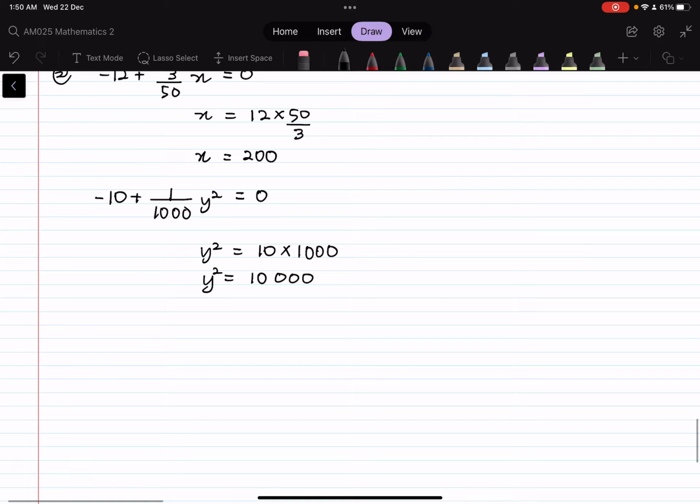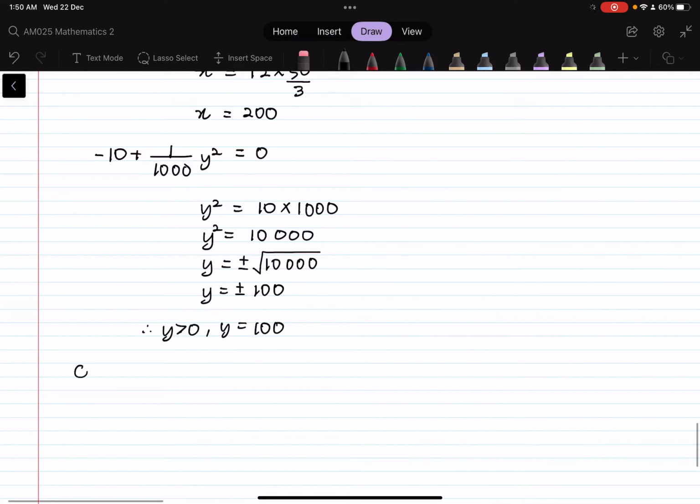If we square root both sides, we get y equals plus or minus 100. But since y is the number of units produced, we only take the positive value. So y equals 100. So we have a critical point here.